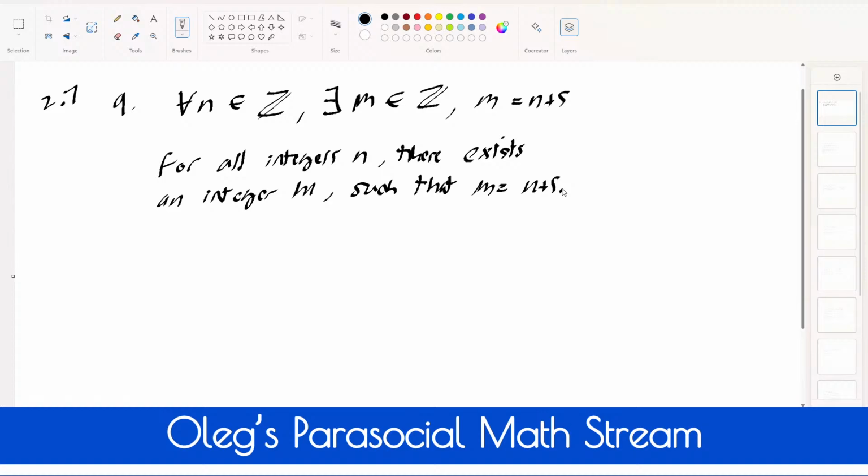Wait a minute, this is suspiciously familiar. For all naturals n, yeah, we had one very similar to this. Example 2.7: for all x containing reals, there exists a y containing reals such that y squared is equal to x. So we have to be careful, but that's a true statement.